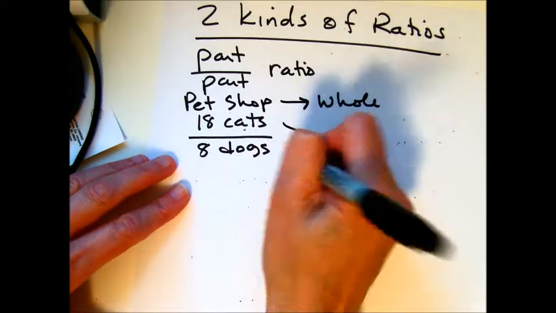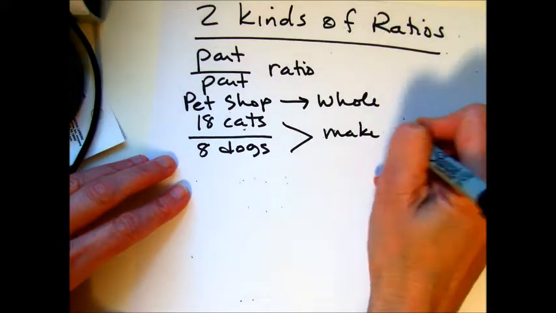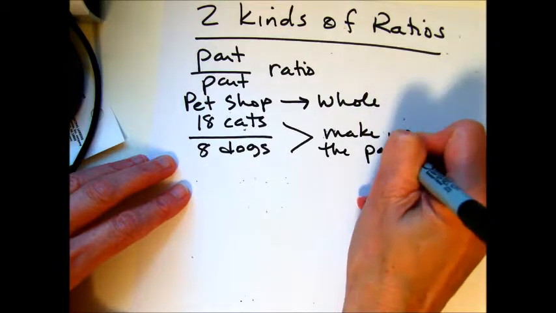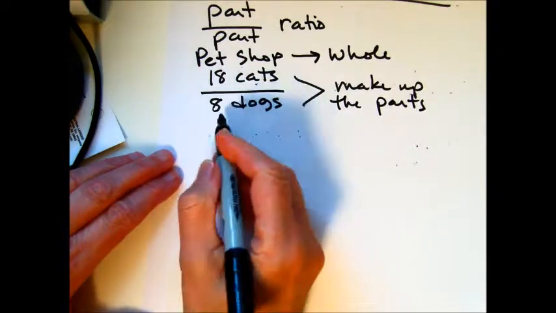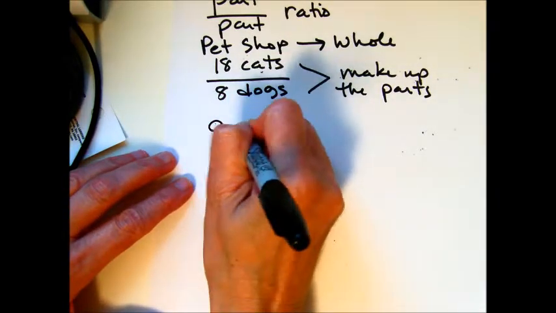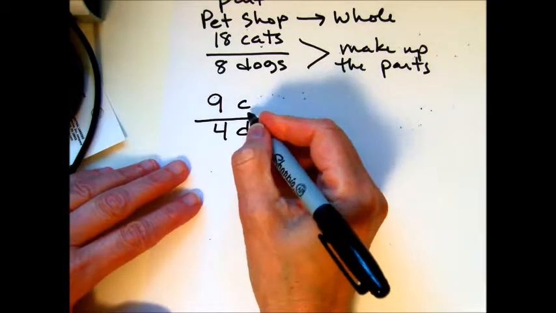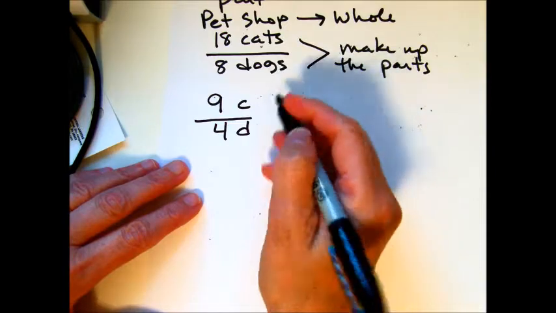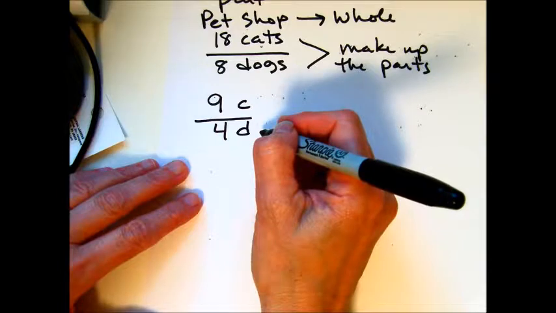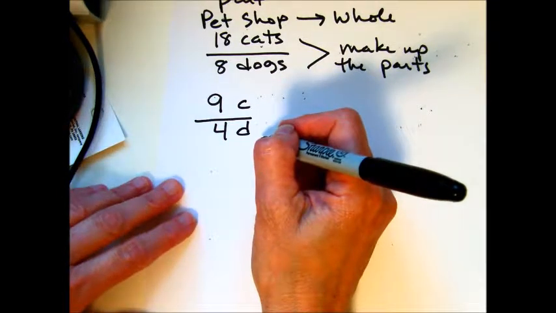And the cats and the dogs make up the parts of the pet shop, or the inhabitants. So when you have 18 cats to 8 dogs, which is really 9 cats to 4 dogs, that's the reduced ratio. But again, we're just focusing on the parts of the pet shop. We're not comparing a part to the total amount of animals in the pet shop.